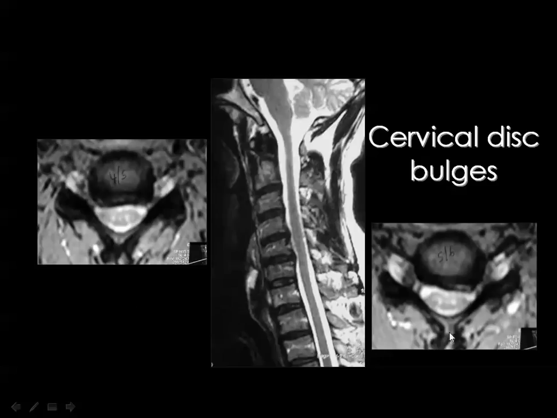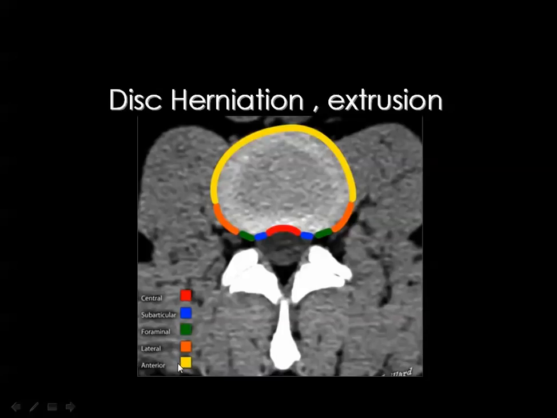At C5-6, you can see also the edge of the disc is bulging from left to right, but it is more on the left side, meaning that the annulus is weaker on the left side, and we call this diffuse posterior and left posterolateral disc bulge. And if the annulus is going to be torn after that, this will be the site of the tear.